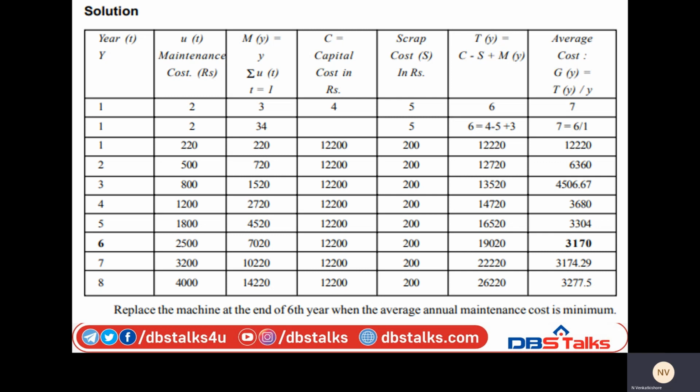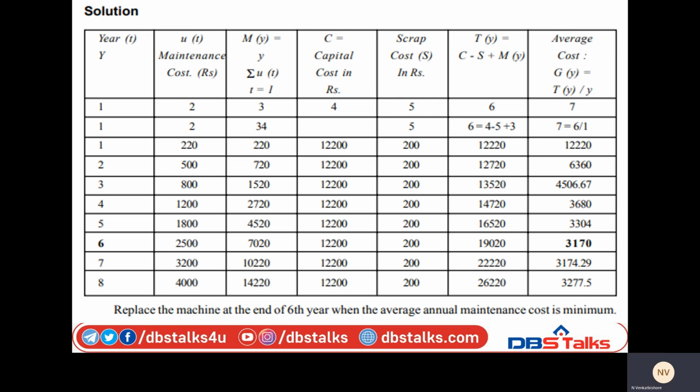Like that, if you frame up to 8 years, you get the average cost, which is in the seventh column. Then how to identify which one is the best, or at what time we need to go for the replacement for better results? That means the seventh column is a very important and main column.